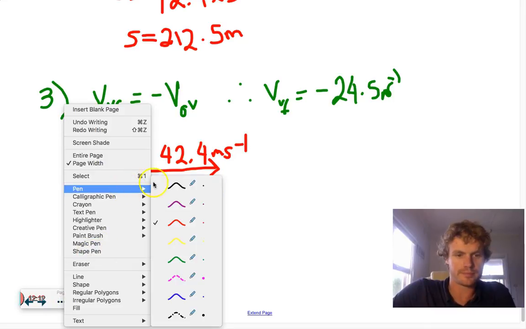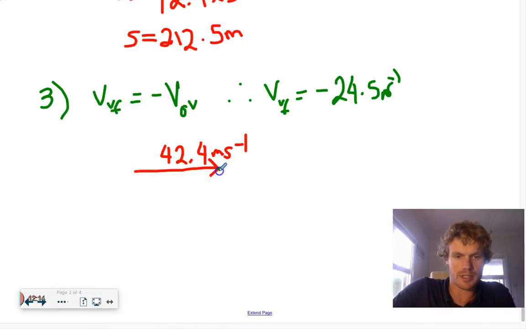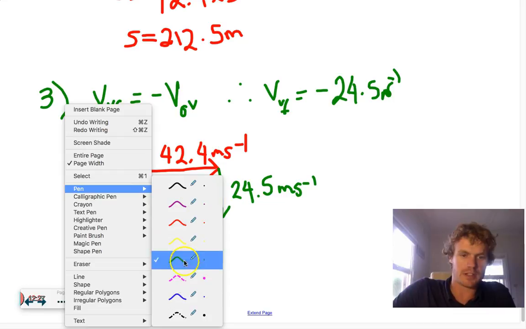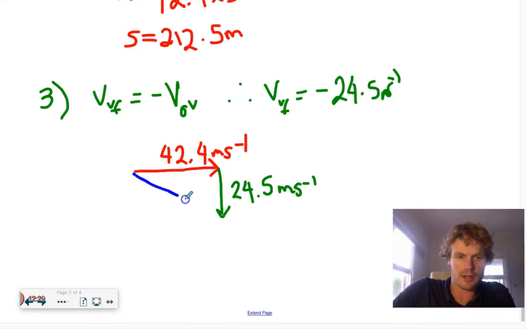My vertical is going to be 24.5 in the opposite direction to what it was originally. It was originally up, but now it's down. So therefore my resultant is going to be in this direction.